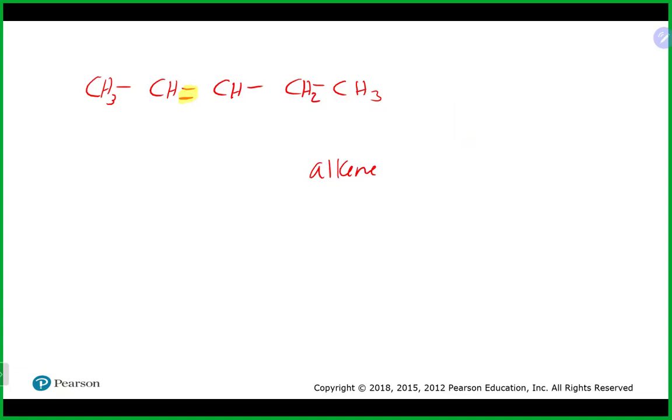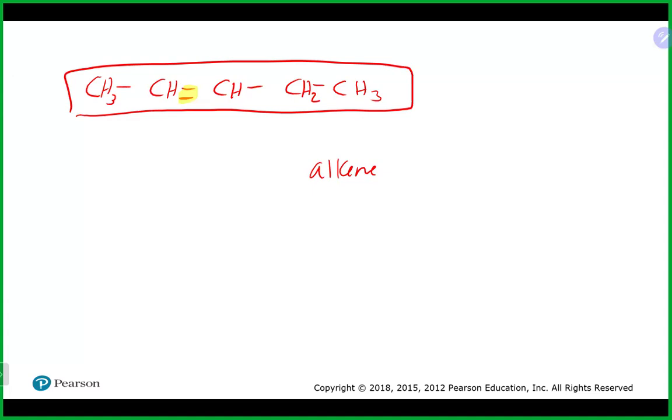Now, the rules of naming this are the same deal. We're still looking for the longest carbon chain. The one exception is here, we need to make sure that the double bond is part of it. So you can't miss the double bond. You have to find the longest carbon chain that has a double bond and also the longest carbon chain that has the triple bond. So you can't just avoid those 2 things. So in this case, we're just going straight across. And how many carbons do we got there? 1, 2, 3, 4, 5.